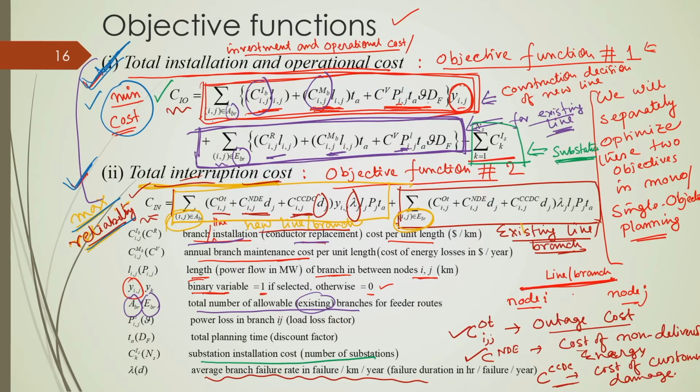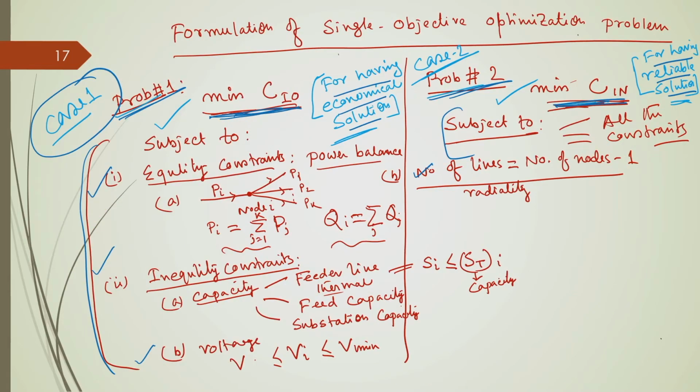One is the total installation and operational cost, that is CIO, and another is the total interruption cost, that is CIN. When I solved this problem as a single objective optimization problem, we considered both the objectives at a time and we formulated two optimization problems. One is problem 1, another is problem 2.